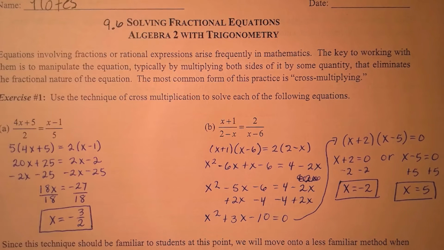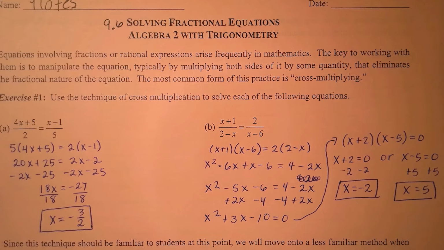For exercise number 1A, we want to take 5 and multiply it by 4x plus 5, and we want to make that equal to 2 times x minus 1. When we multiply 5 times 4x plus 5, we get 20x plus 25.